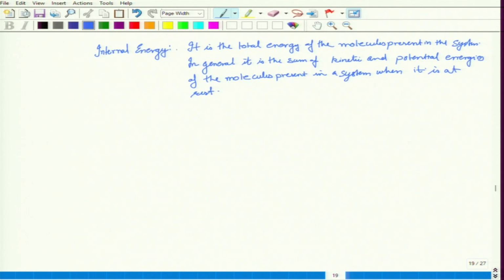Another thing to note about internal energy is that internal energy is a state function, not a path function.